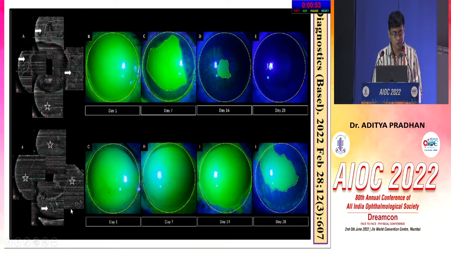But you see the bottom part in which the vessels are hardly seen, and as the days progressed, the epithelial defect has healed only slightly, leading to what we call a PED, or persistent epithelial defect, by day 28. So the management of the top panel and bottom panel is totally different. In the bottom one, you would be more aggressive with your initial management.